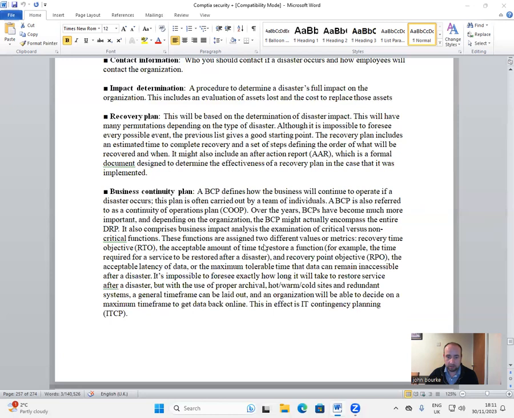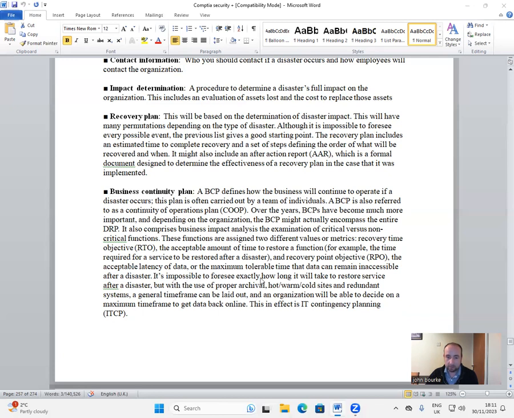These functions are assigned two different values or metrics: recovery time objective, RTO, the acceptable amount of time to restore the function, for example, the time required for a service to be restored after a disaster, and recovery point objective, RPO, the acceptable latency of data, or the maximum tolerable time that data can remain inaccessible after a disaster.